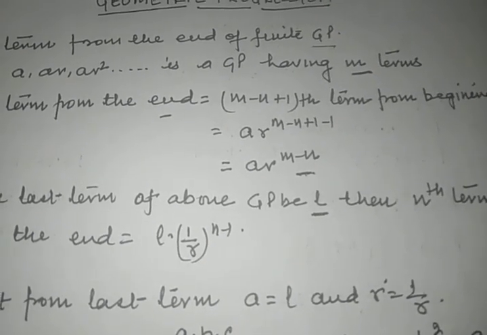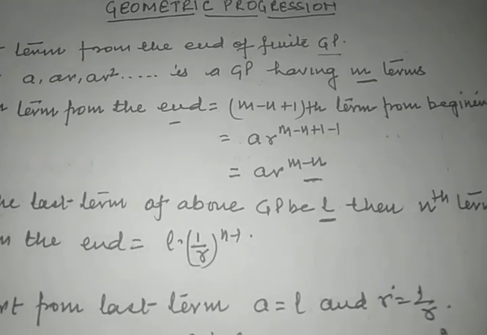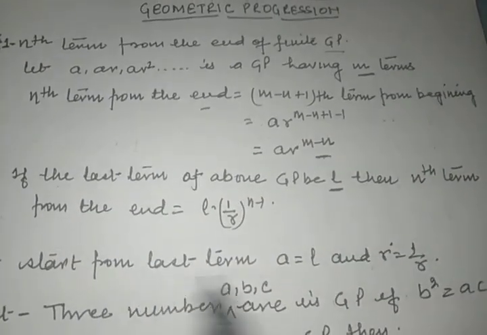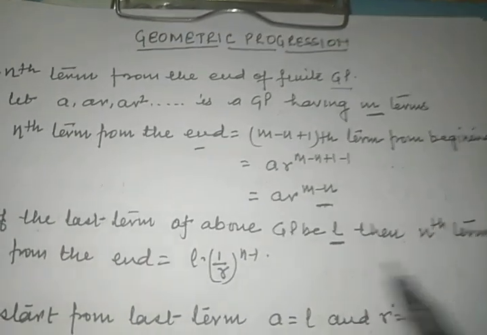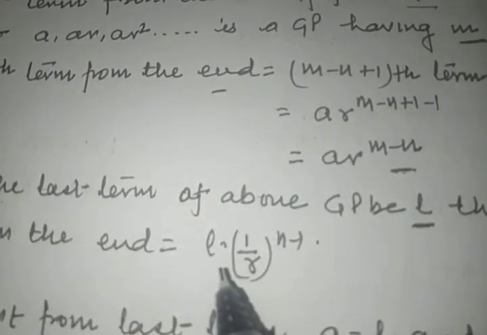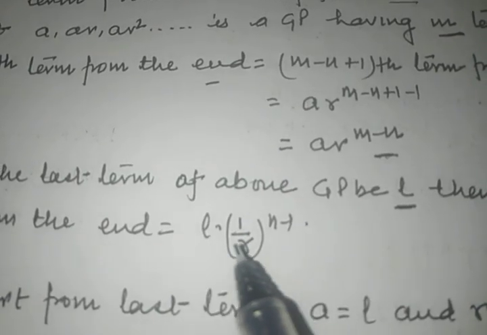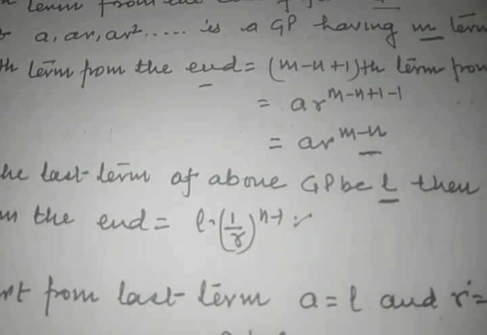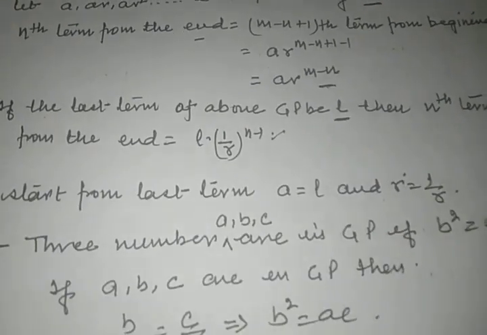Apply the formula ar^(n minus 1). So the nth term from the end will be L into (1/r)^(n minus 1). This is the nth term from the end of a GP.